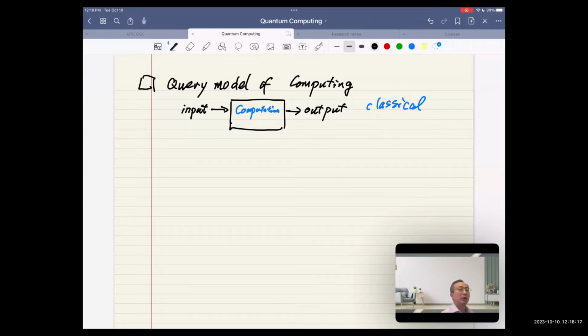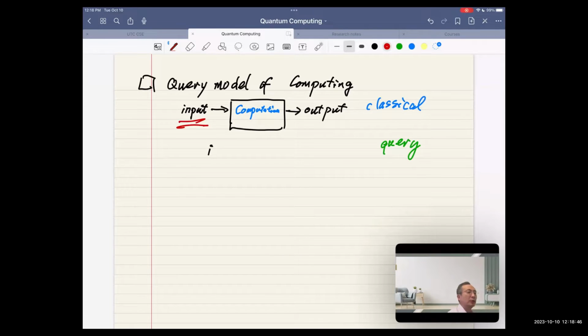But there's another type of computing, and that's called the query model. By the way, in the classical case, we often have to provide all the input.